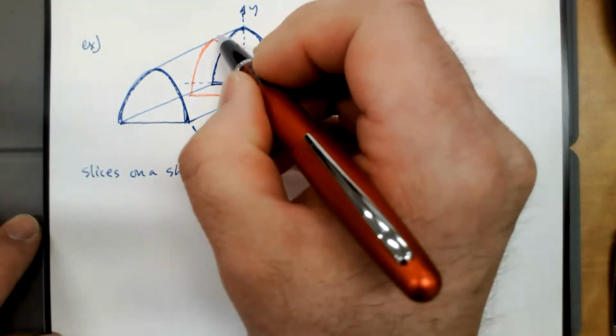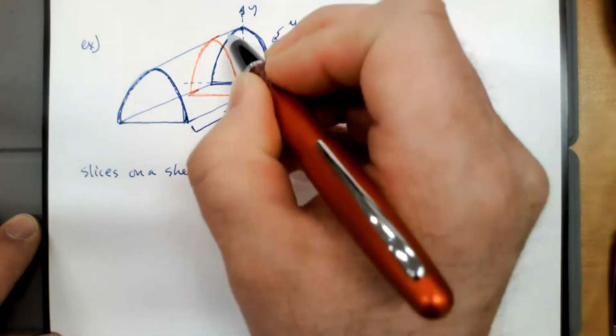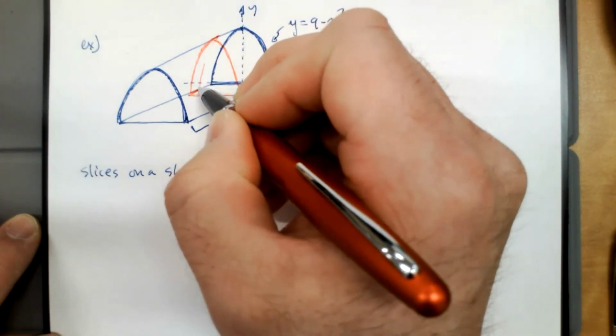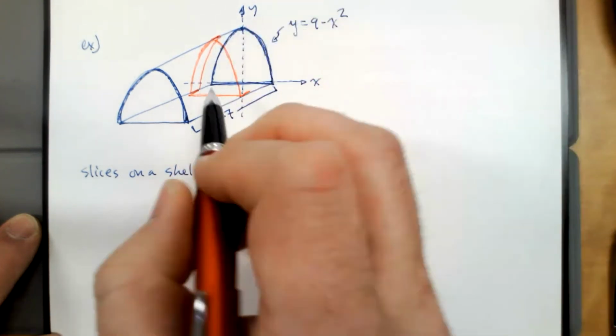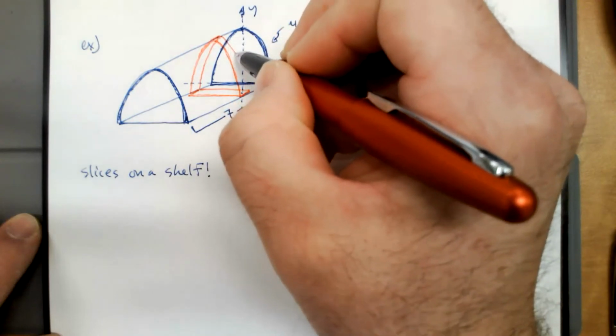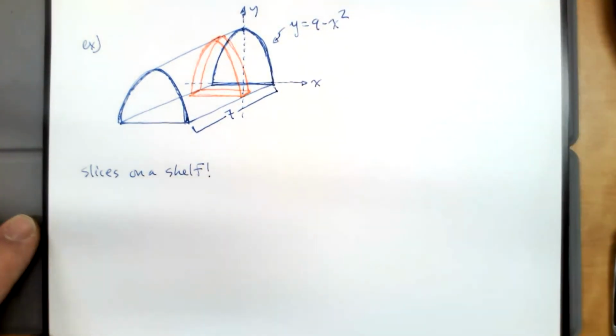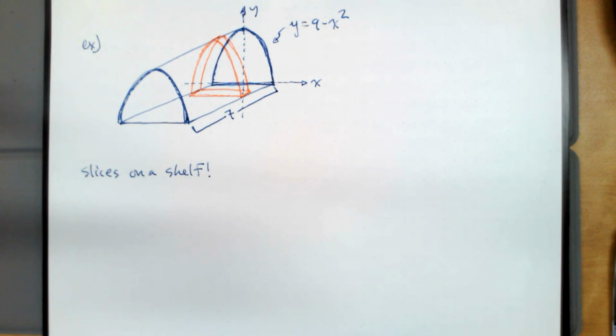And our delta variable will be a delta h because it's coming straight out the page. So one way we could slice this is by just reading it, finding the area of that parabola and multiplying it by 7.